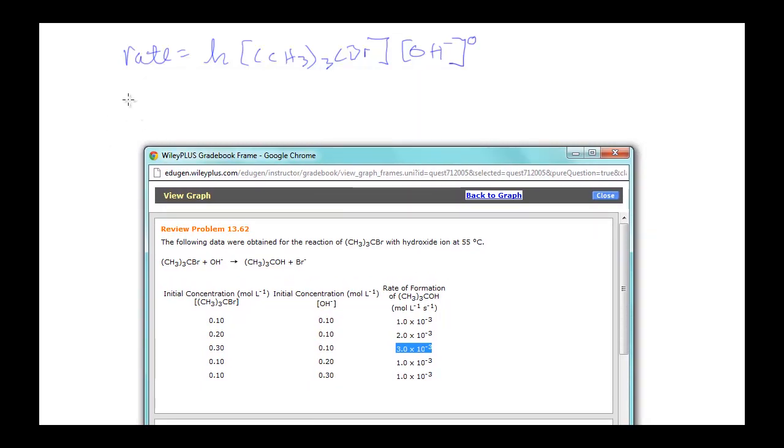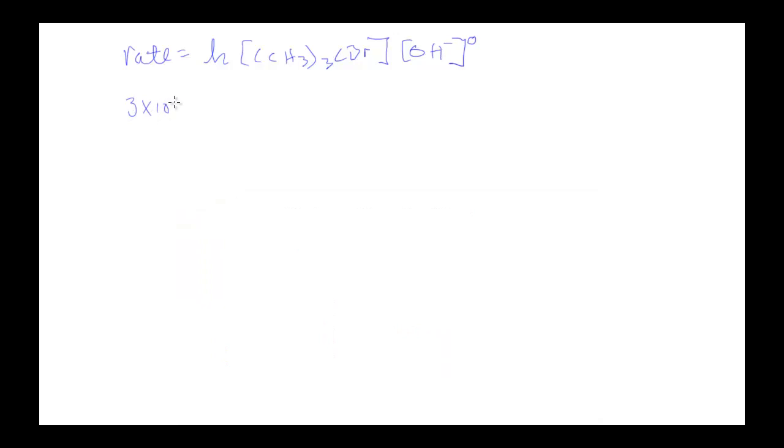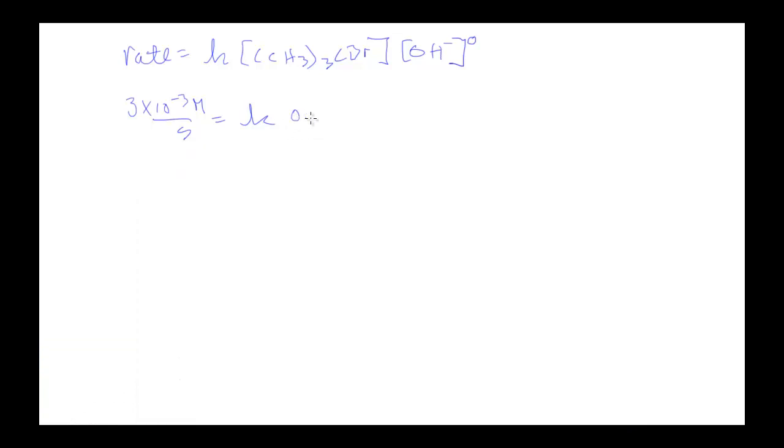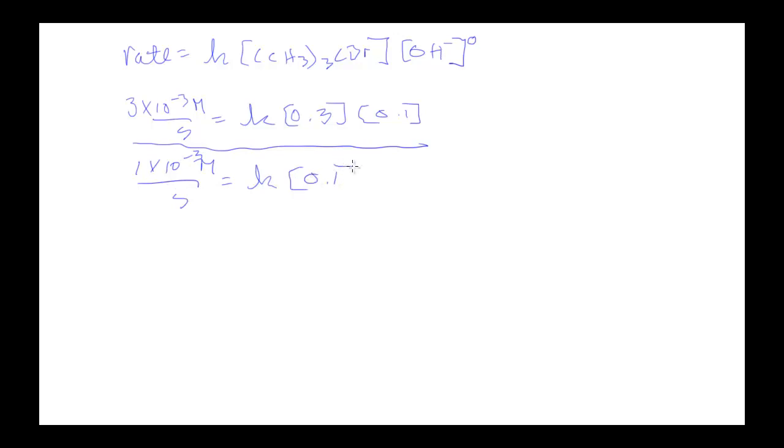So you would have 3 times 10 to the minus 3 molar per second equals k times 0.3 times 0.1. This is 1 times 10 to the minus 3 molar per second equals k times 0.1 times 0.1.